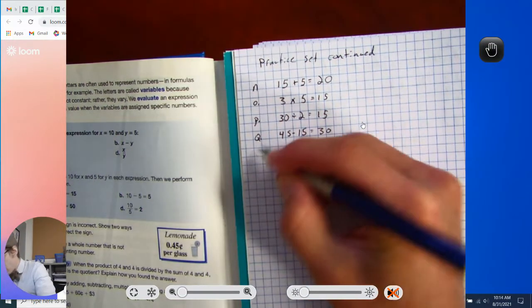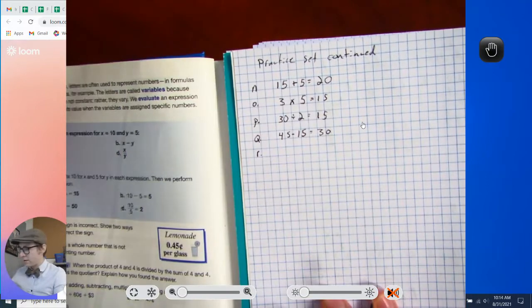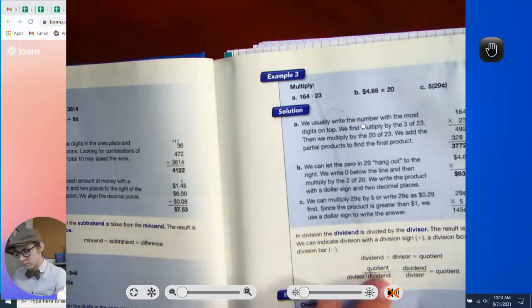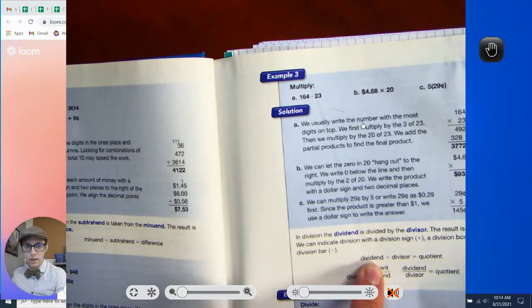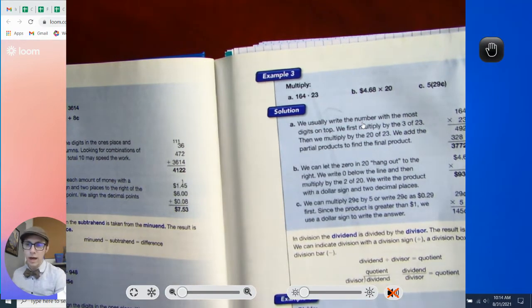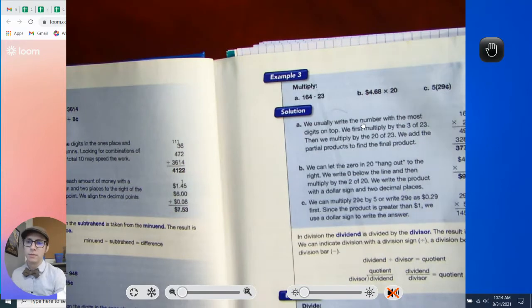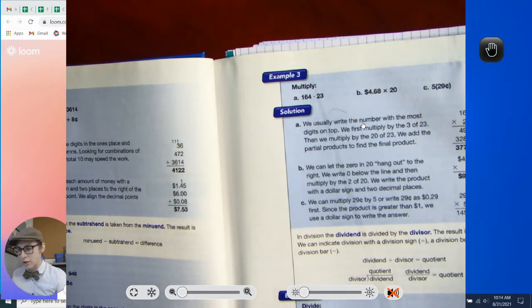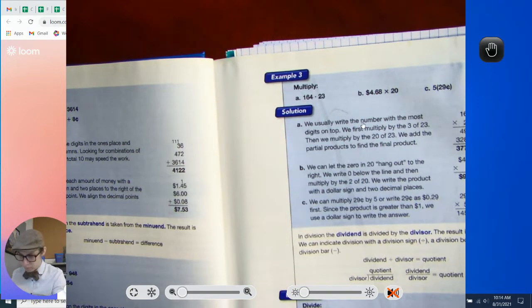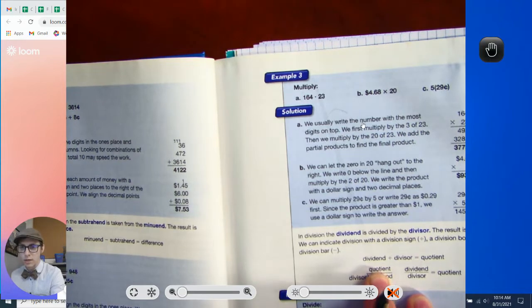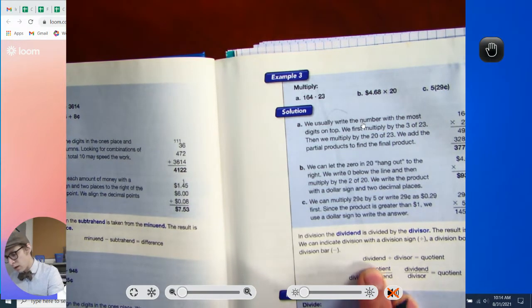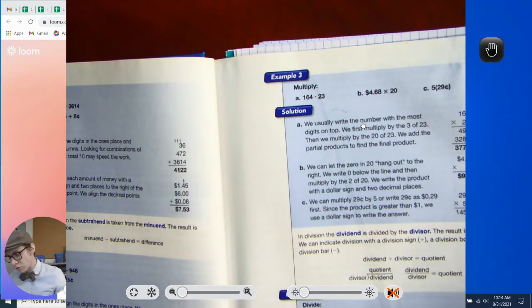The dividend, R, again, we have it back here. Dividend, okay, is the bigger number that's being divided by a smaller number. Usually, you can have a smaller number divided by a bigger number, which gives you a tiny fraction. But in most of the easier examples, that's what we're going to do. So the dividend divided by the divisor equals the quotient.